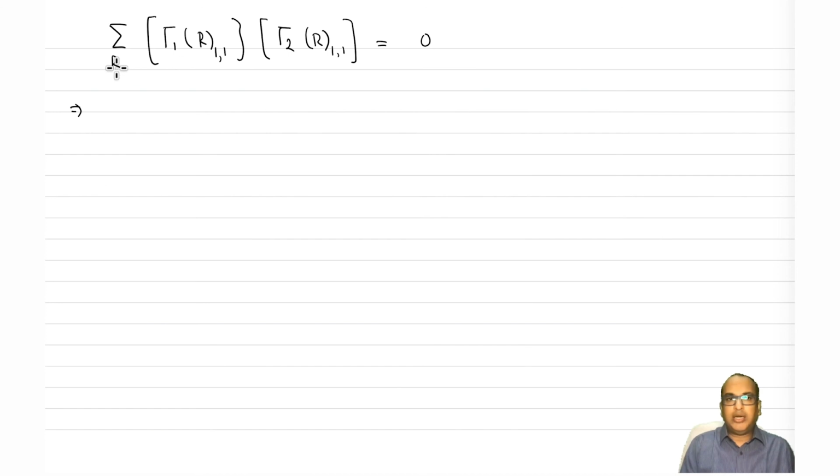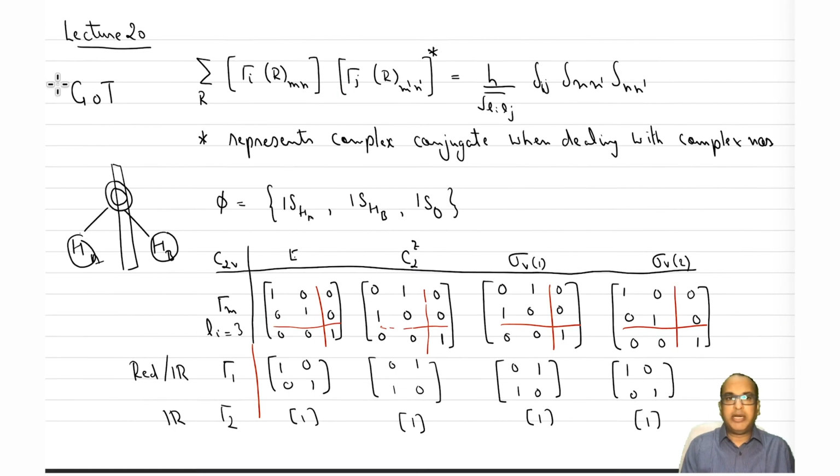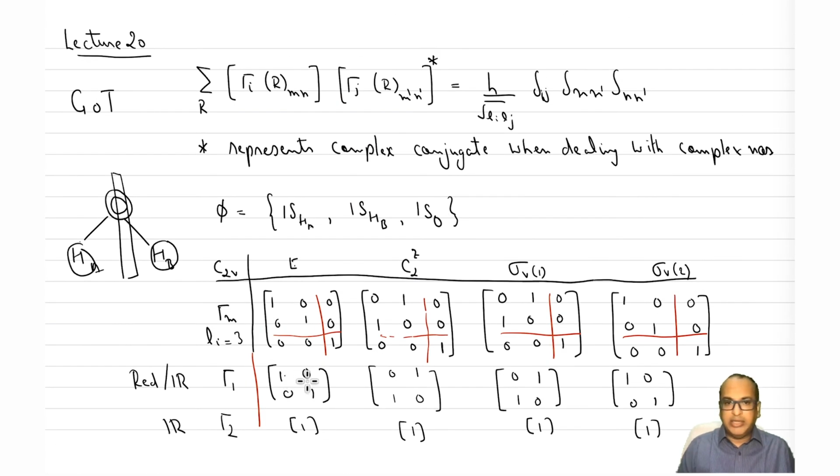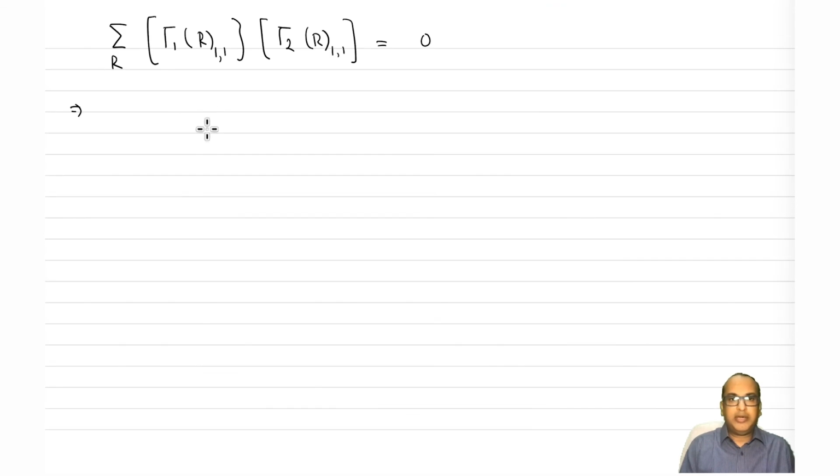Under all symmetry operations, we have to take the product of the corresponding matrix elements. So this into this, right? So 1 into 1, 0 into 1, 0 into 1, 1 into 1. That means 1 into 1 plus 0 into 1 plus 0 into 1 plus 1 into 1. This should turn out to be 0.